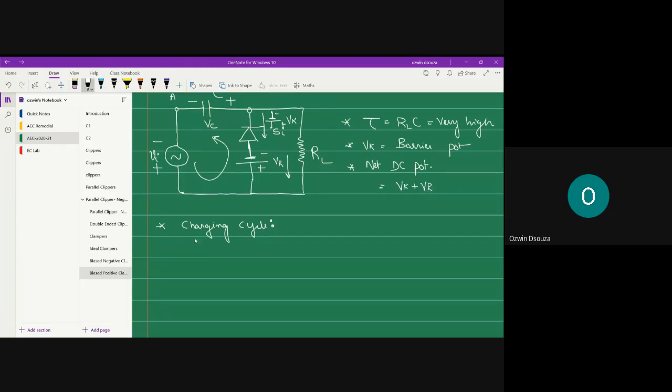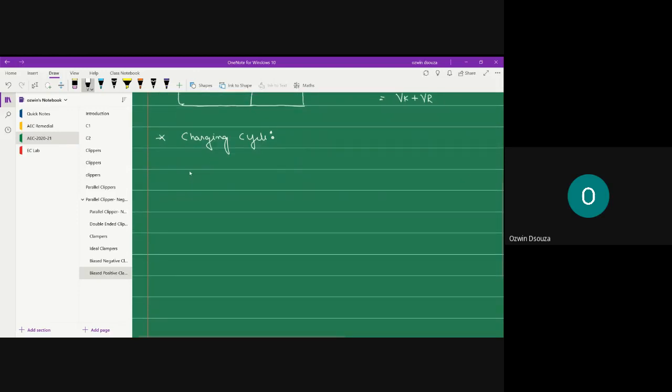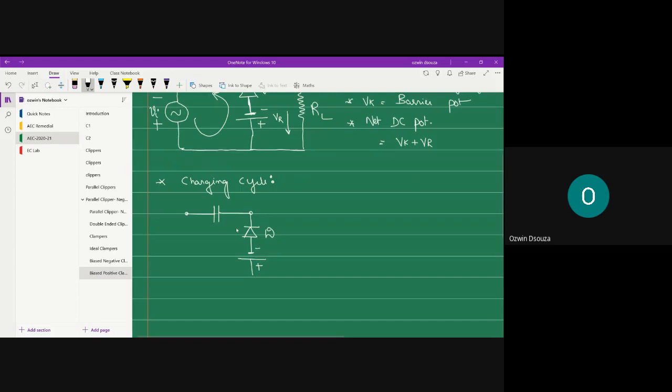For the charging cycle, we will redraw the circuit by substituting the diode's equivalent model. And this is your diode. Since you are substituting the diode model, let's consider this diode as the ideal diode. Let us also place the reference source as well as the barrier potential. So the total potential is Vk plus Vr.